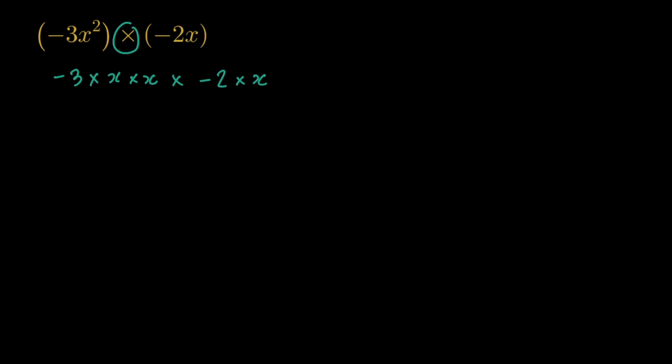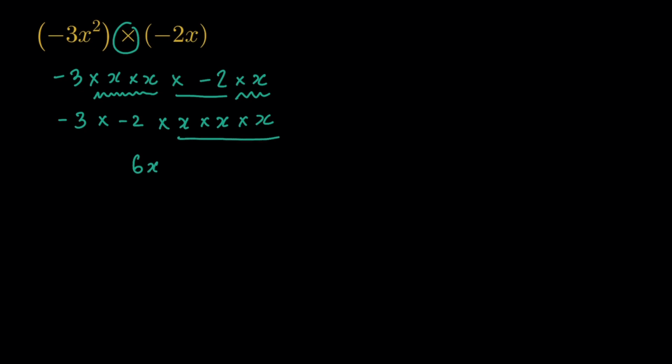We will put the numbers together, so it is negative 3 times negative 2, and we have x times x times x. Negative 3 times negative 2 becomes positive 6. x times x times x means x to the power of 3, or x cubed.